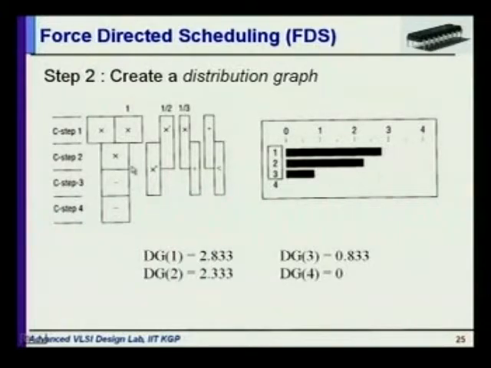You just consider these two, which you have to execute in the first control step because you cannot move them. But this one can be shifted to this step, and this operation can be shifted to the third control step. Then you need only 2 multipliers to execute this.